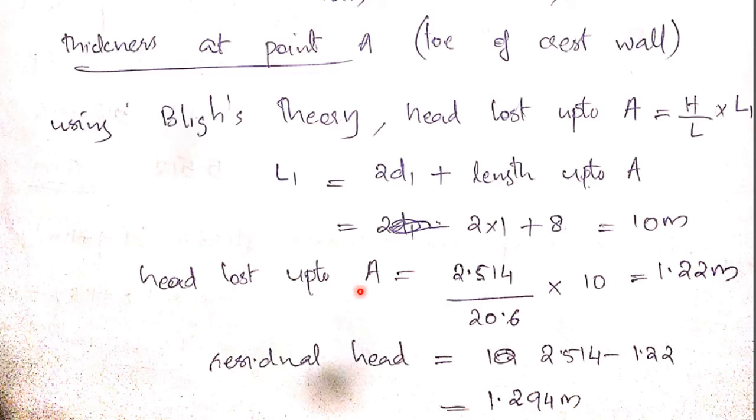Hence head lost up to A is equal to 2.514 by 20.6 into 10, that is equal to 1.22 meters. Hence residual head at point A, that is the remaining head at point A, is equal to total head minus head lost up to point A, that is equal to 1.294 meters.